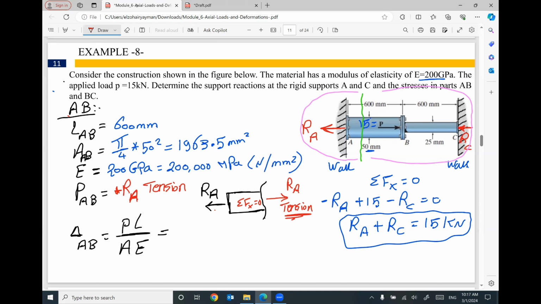And I decided RA will be in kilonewton, RC in kilonewton, because 15 is in kilonewton. So this force in part AB is in kilonewton.